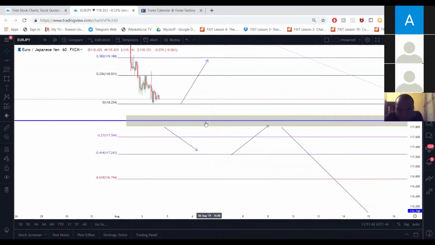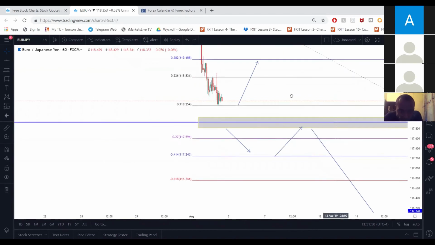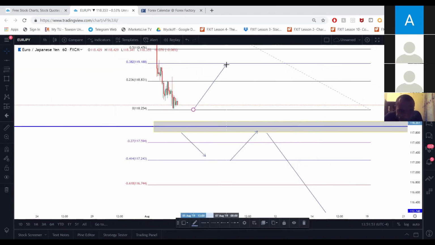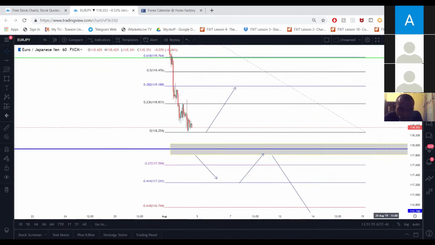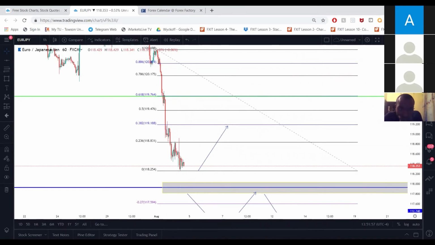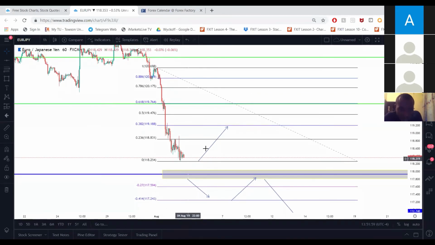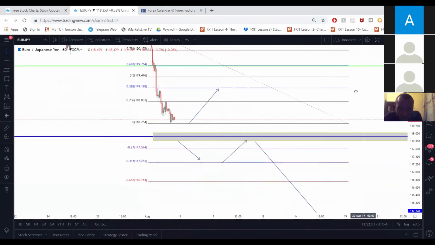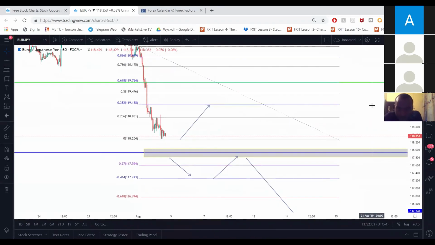And if it rejects 38.2, it's most likely going to go to 61.8, but those three levels will be your take profits. So if you decide to become a Fibonacci trader, you spot the impulse, let's say it started here and ended there, measure the retrace, and based on the retrace I know which level to target.